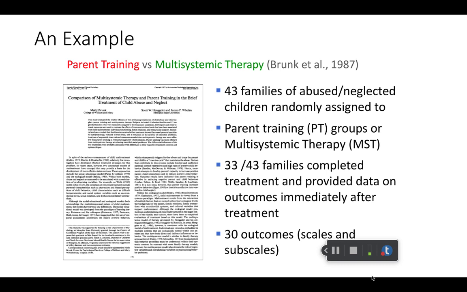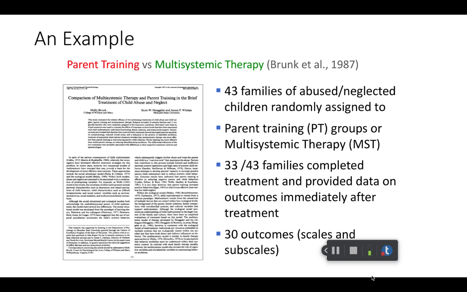Families either received parent training in groups, or they received multisystemic therapy in their homes and communities. Of the 43 families, only 33 actually completed the treatment and provided data on outcomes immediately after treatment. There's no follow-up data available in this study.